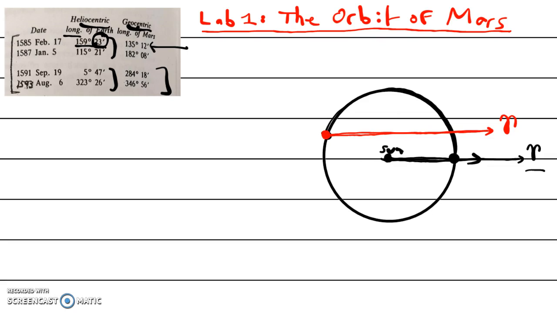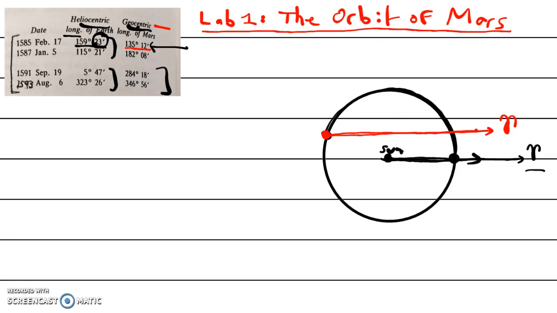The Earth should be the center of your protractor now. Starting from this point, you're looking for a direction for Mars 135 degrees counterclockwise from the vernal equinox direction, centered on Earth. This is geocentric.